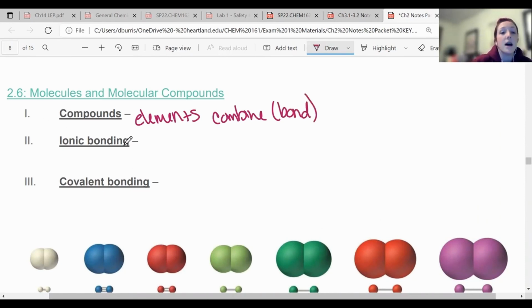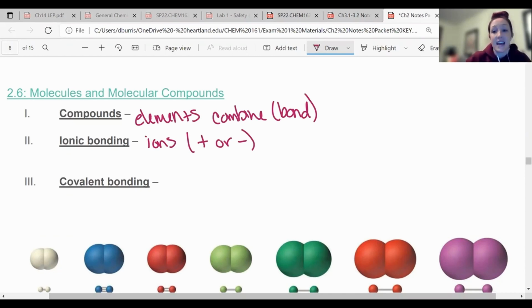Okay, so there are actually two main types of bonding. There could be ionic bonding or covalent bonding. So what is an ionic bond? It's a bond between what we call ions. Ions are things with charges. Positively or negatively charged ions attract each other.